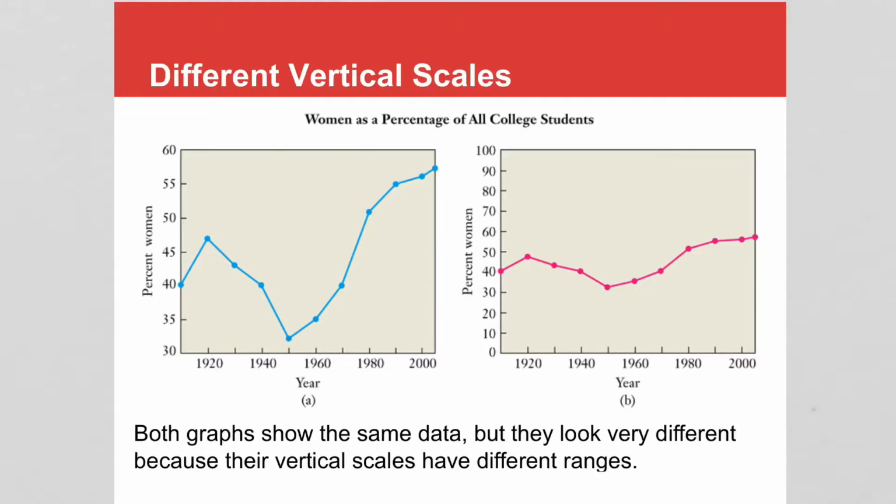So depending on what the people want you to see, if it's a women's advocate group, then they would want to look at the first graph. While if it's a men's advocate group, they will look at the second or something like that. Okay. So think about the scales. And why do they look so different? Because this one is going from 30 to 60, and this one is going from 0 to 100. So depending on what you're looking at, one might be a better representation than the other. But the 0 to 100 is a little more relative.